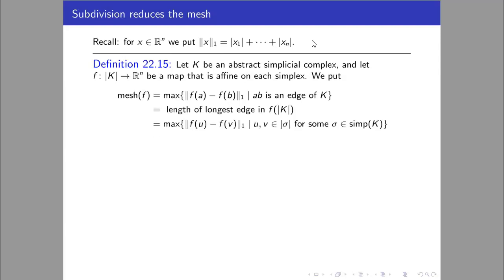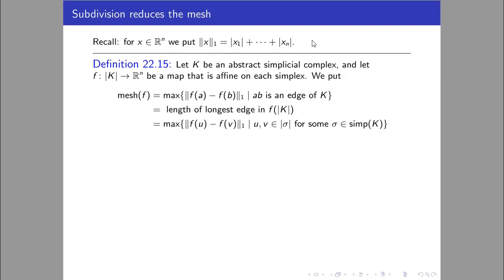And notice this can also be written in a slightly different way: we look at all points u and v which both lie in the same simplex sigma, and we take the L1 norm of f of u minus f of v. So I'm going to claim that the maximum of those values is exactly the same as the mesh.